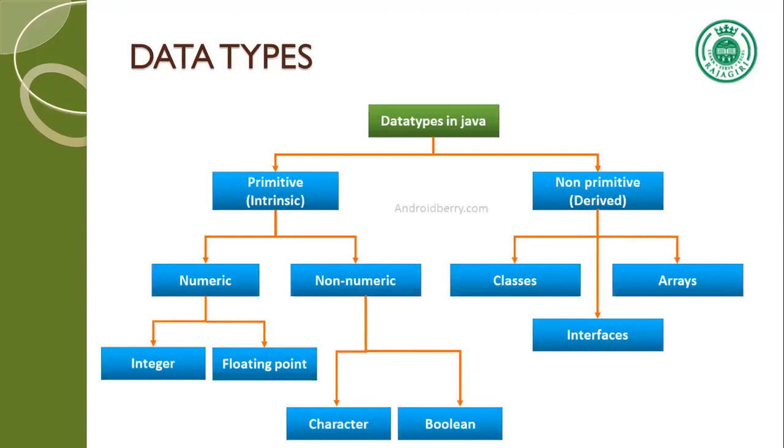In the primitive data types, we have the numeric, which would include integer, float, and double. Non-numeric, we will have character and Boolean. In the non-primitive or derived, we do have data types which are derived from the primitive. Example, classes, arrays, interfaces.